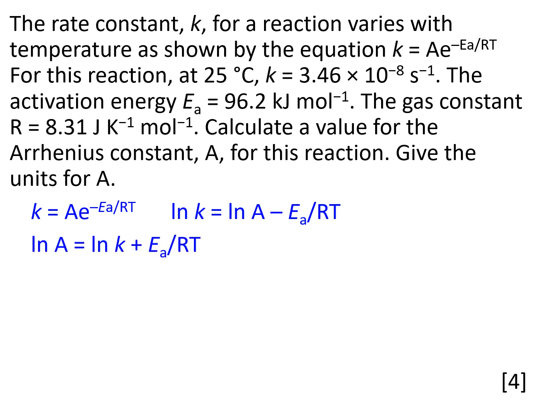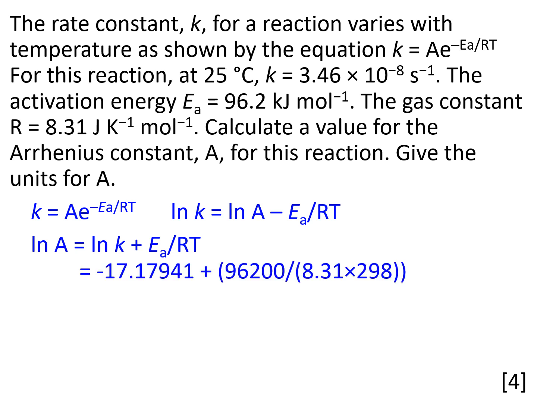In the next stage, I've just made ln A the subject because we are going to have to find A eventually, and the numbers from the question. So taking a natural log of K gave me minus 17.17941. You'll see that I've preserved a few additional significant figures there to ensure that I avoid any rounding errors. You should also notice that the activation energy, I've converted that into joules per mole to be consistent with the units.